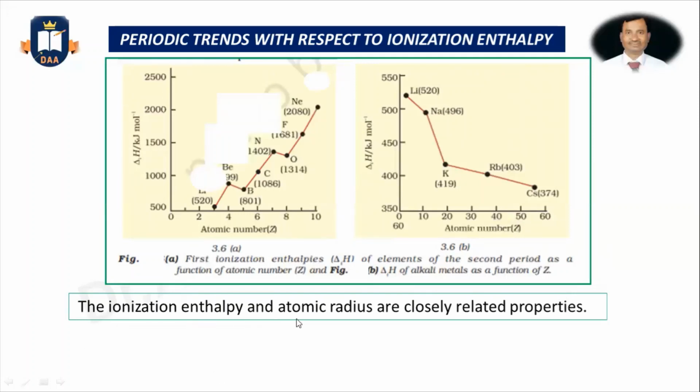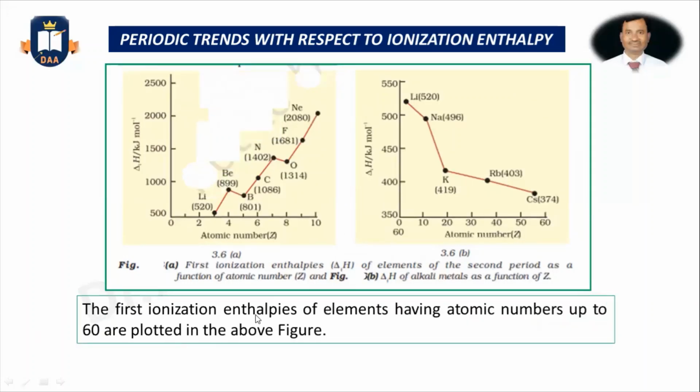Ionization enthalpy and atomic radius are closely related properties. The first ionization enthalpy of elements having atomic numbers up to 60 is plotted here. See, this is the group 1 elements, and this is the second period in ascending order in this line.